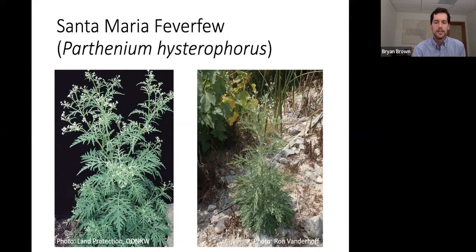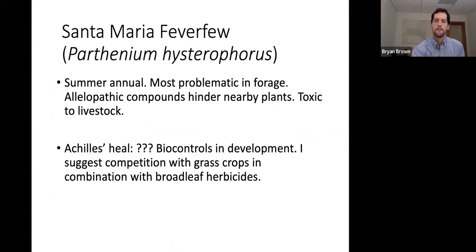And it does look similar to ragweed, at least the leaf shape does, but the flowers and the seed heads are very different. It has a little bit larger white flower, whereas ragweed has the longer seed head and flowering head on it.